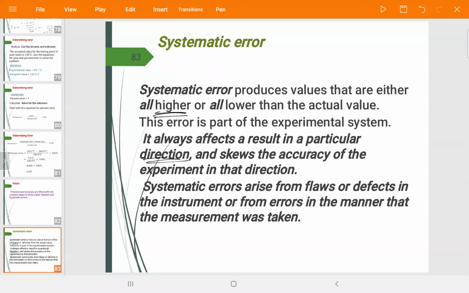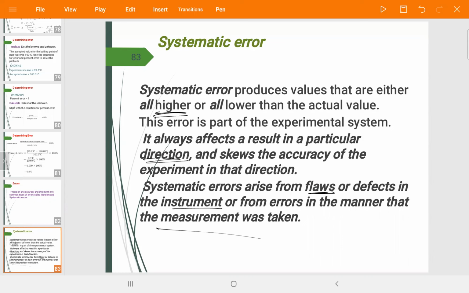So this type of error is called systematic. Systematic errors arise from flaws or defects in the instrument or in the manner that the measurement was taken.